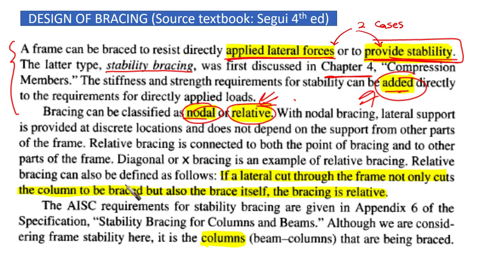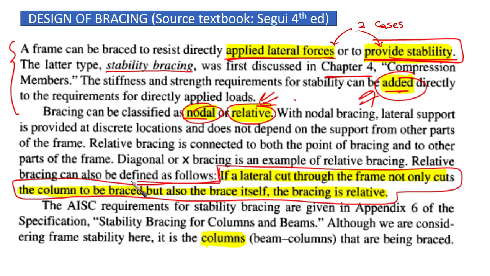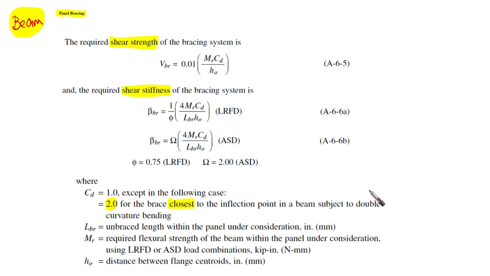Relative bracing can also be defined as, this is a nice definition, but I think that you understood what I have explained before. Here he says that if a lateral cut through the frame not only cuts the column to be braced, but also the brace itself, the bracing is relative. If we go back here, you can understand this very easily.